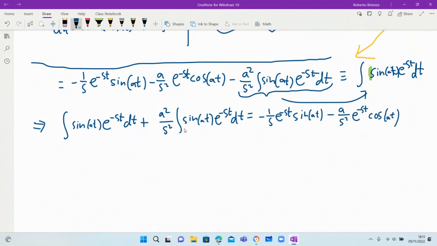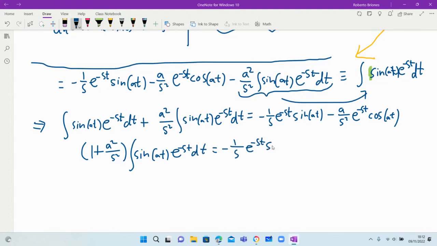If I combine these two terms containing the integral of sine of AT times e to the negative st, what we will get is 1 plus A squared over S squared times the integral of sine at e to the negative st dt is just equal to this on the right hand side.